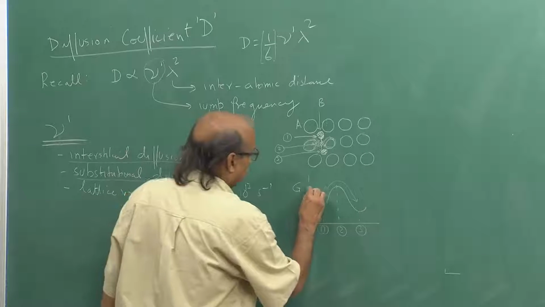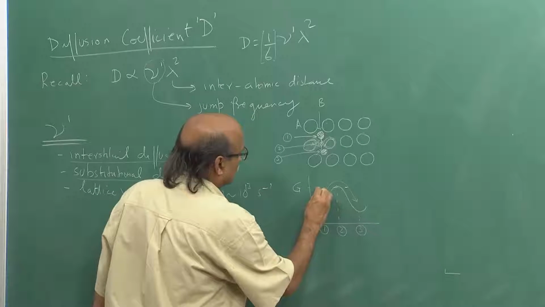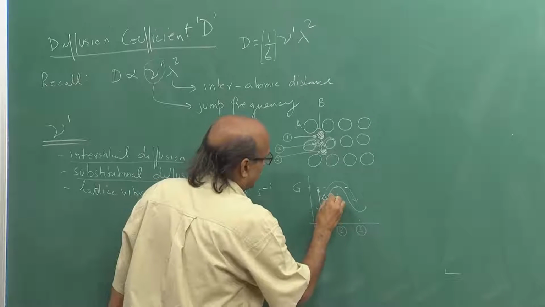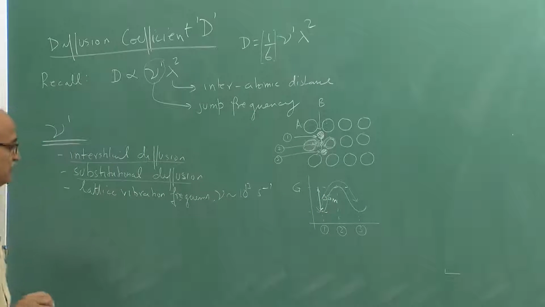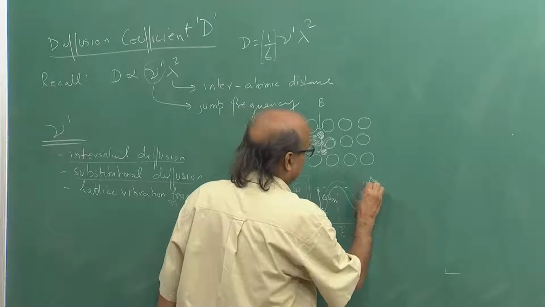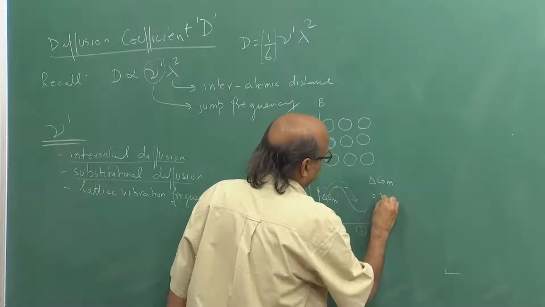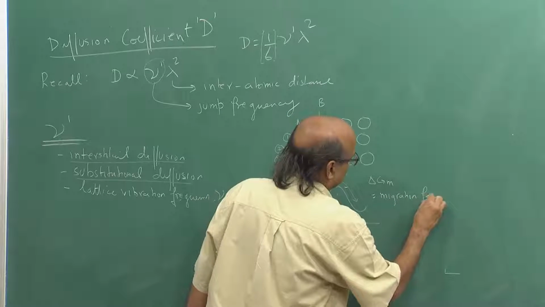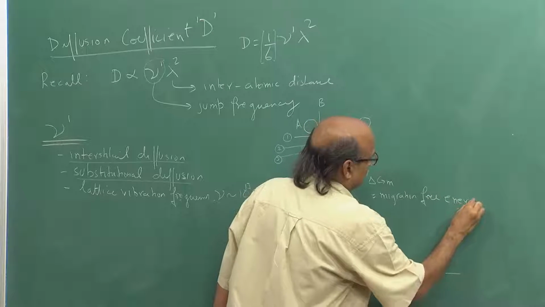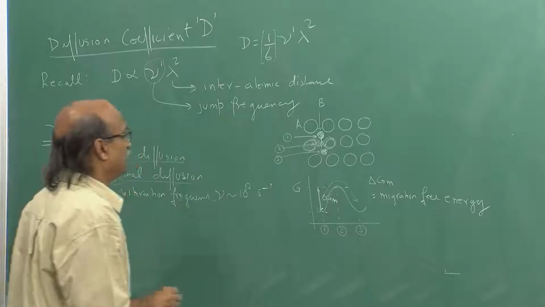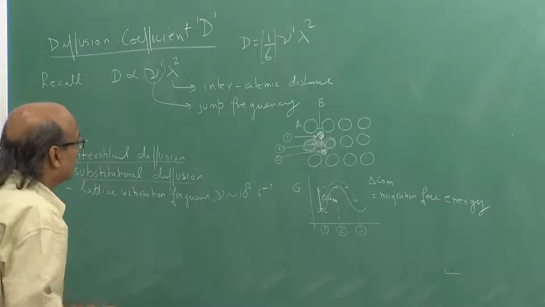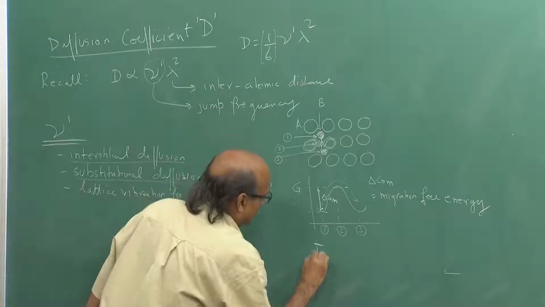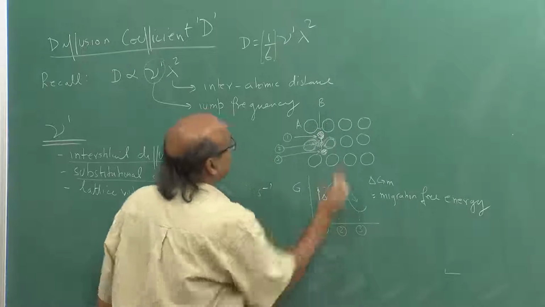And what is this energy hill? We will call this delta Gm, the migration free energy. So, we will call delta Gm to be equal to a migration free energy. This is for the case of interstitial. Let me write it here.